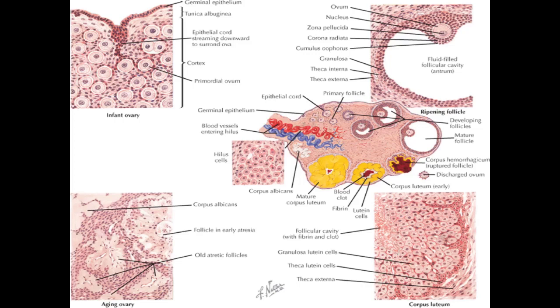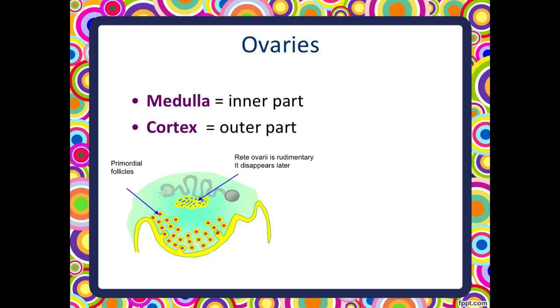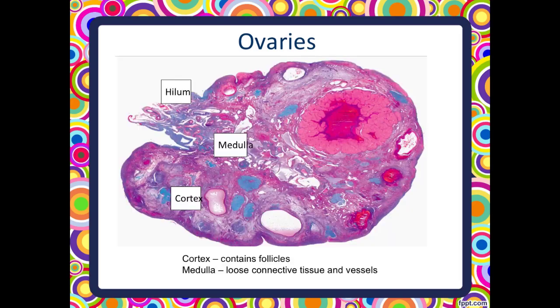And so let's start with the cortex, the outer part. It's this part. The hilum. Hilum is the site where the blood vessels enter and of course exit the ovary.